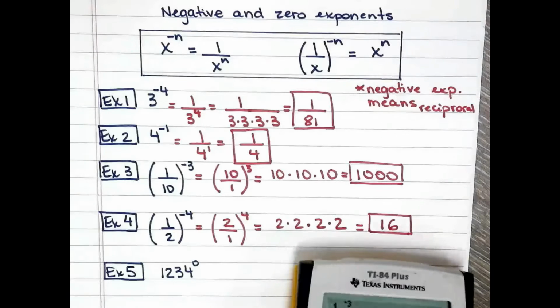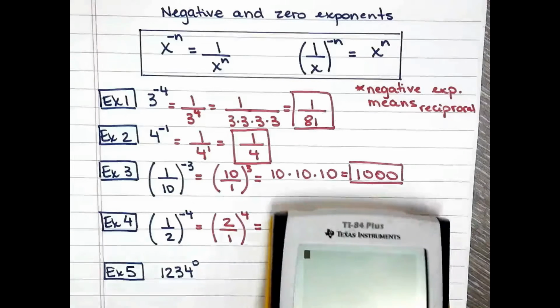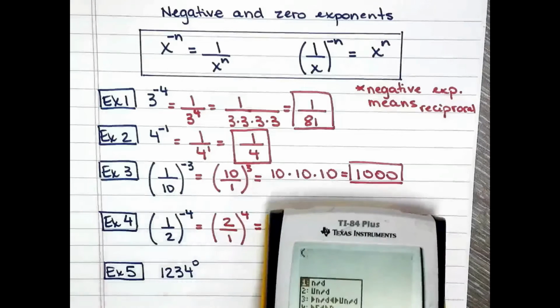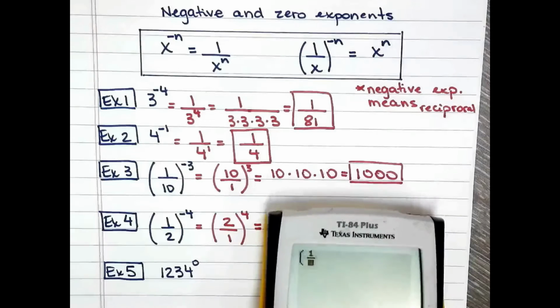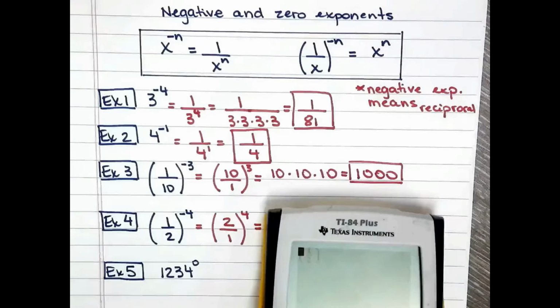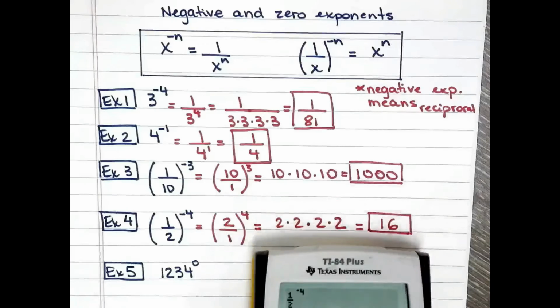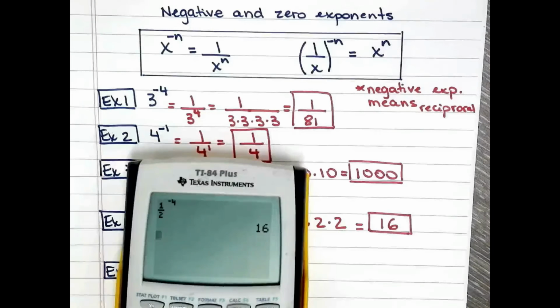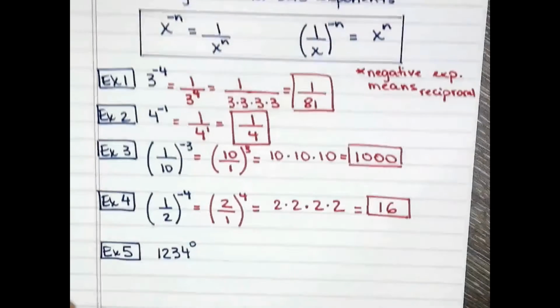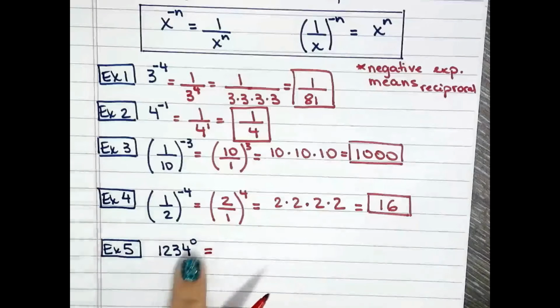You didn't know that? What? Just kidding, you did. So 1 over 2 to the power of negative 4. Voila, 16.